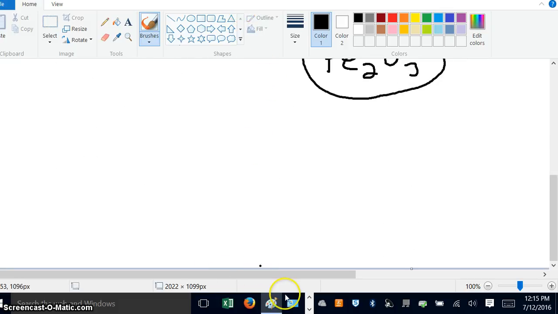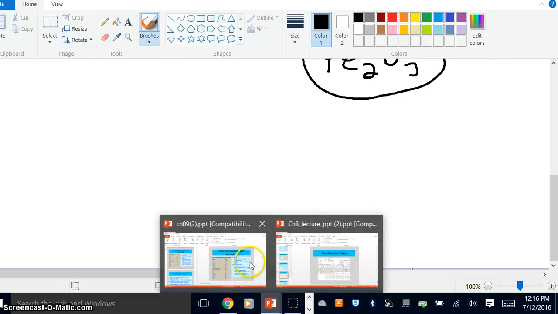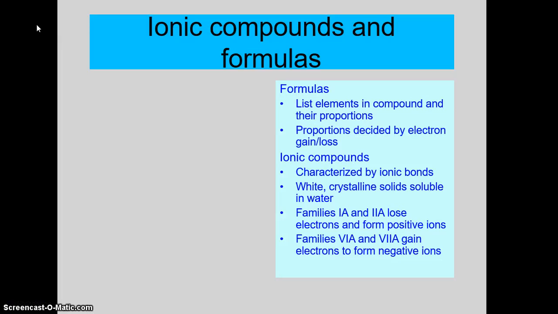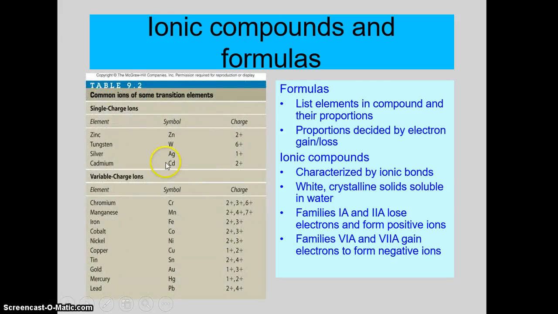Here, let's do another one. Let's do one with these exceptions, one of these 4 exceptions.